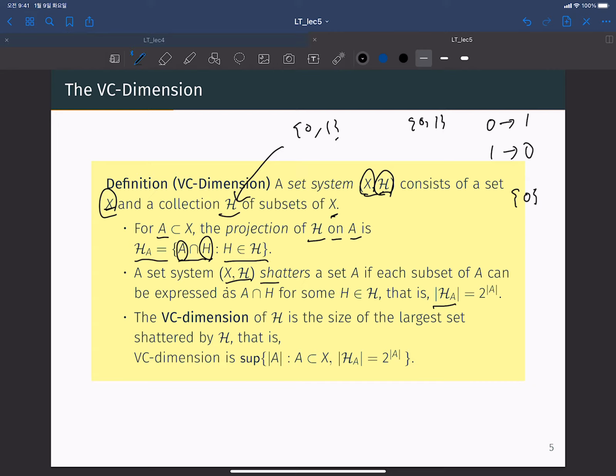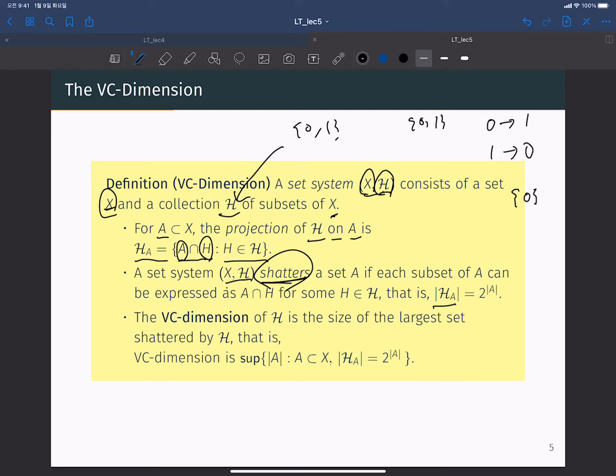Okay, shattering means we can express every possible function or possible mapping using our hypothesis set H for a given set A. Then we say our hypothesis set shatters the set A. This shattering concept is important to define the VC dimension.